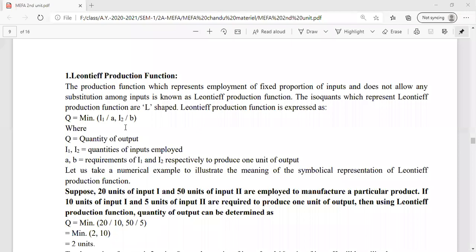You will be identifying the amount of input you have. Sorry, what is the amount of input available?